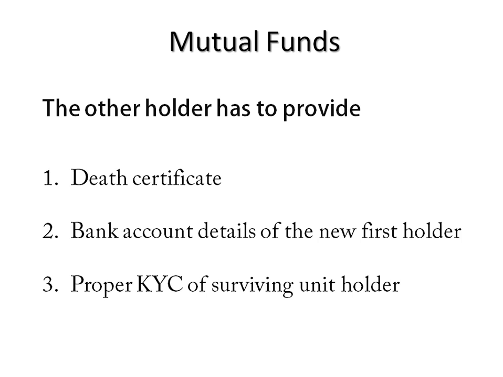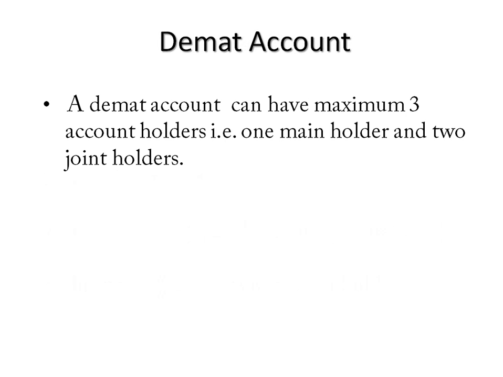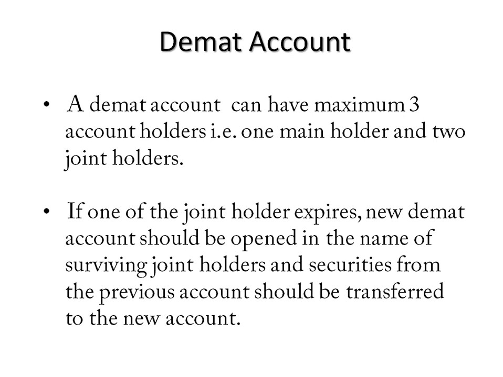If these three things are provided, then the units are transferred to his name. In case of Demat account, there can be a maximum of 3 account holders. There is one main holder and 2 joint holders. And if one of the joint holders expires, a new Demat account is opened in the name of the surviving joint holders, and all the securities are transferred from the previous account to the new account.